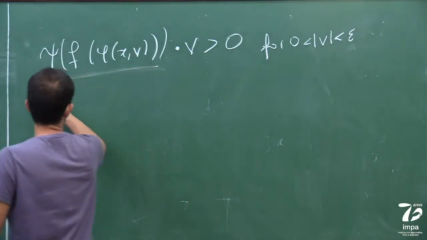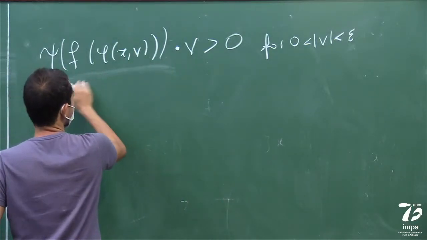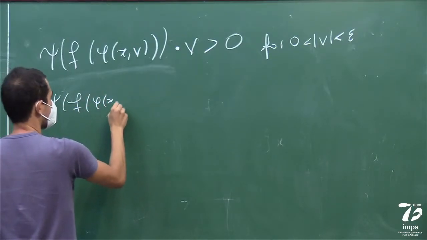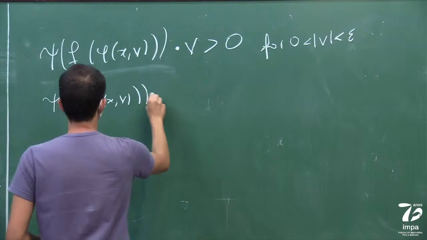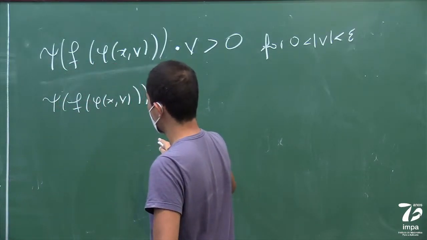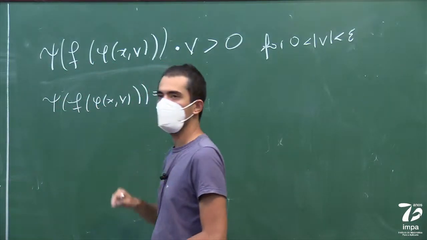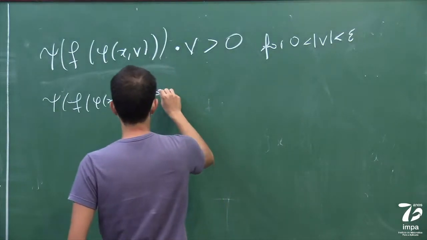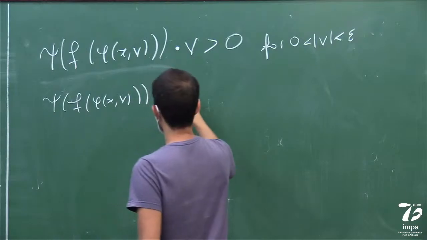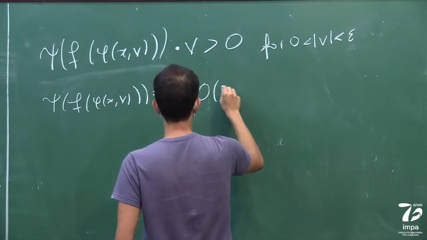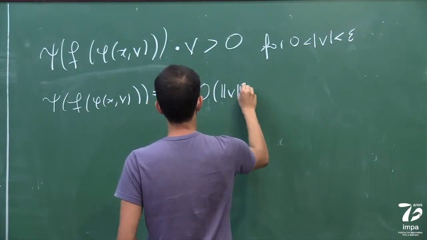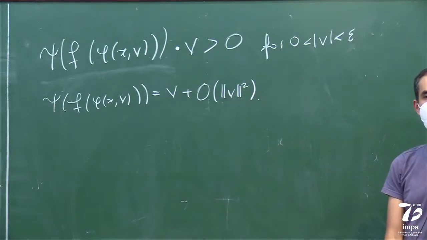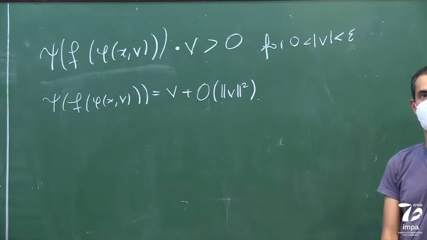You can write this as something that goes to 0 at v equals 0. By Taylor's series, this is going to be equal to v plus something of the order of v squared, for every x, as you vary v.